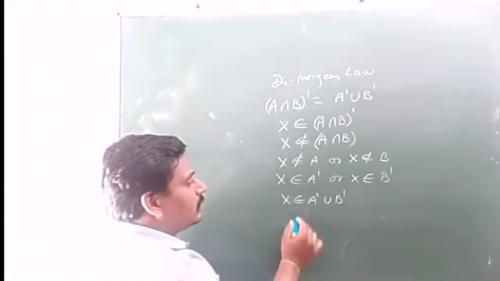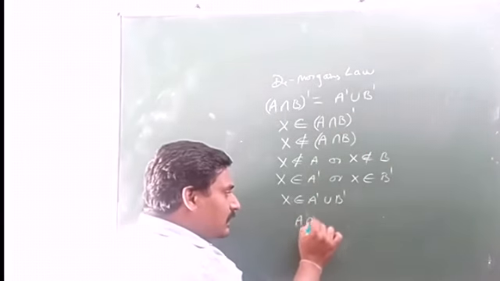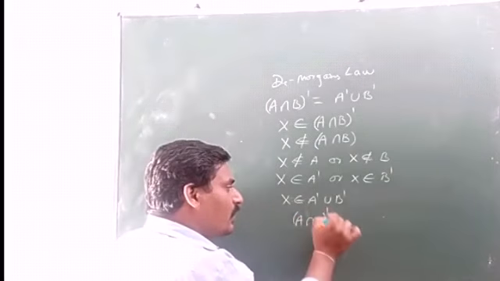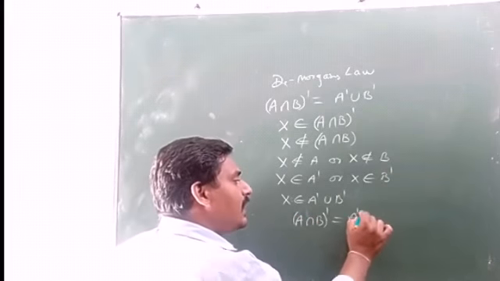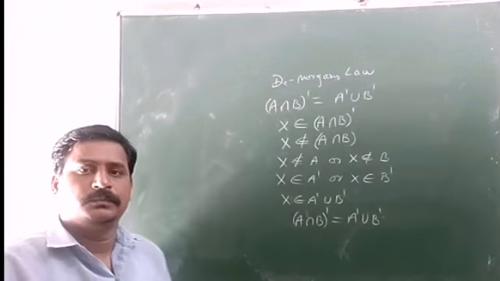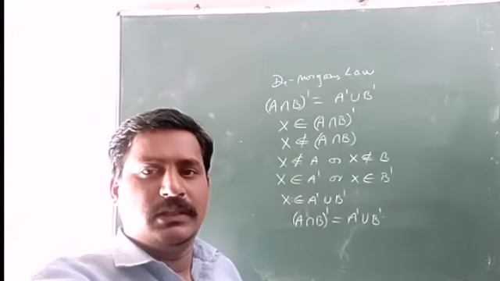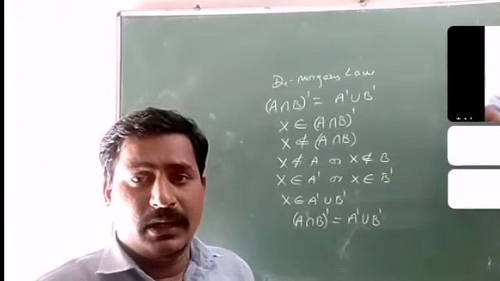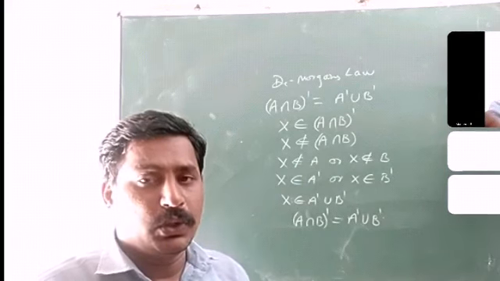That means (A intersection B)' is equal to A' union B'. This is how to prove it by taking X values.